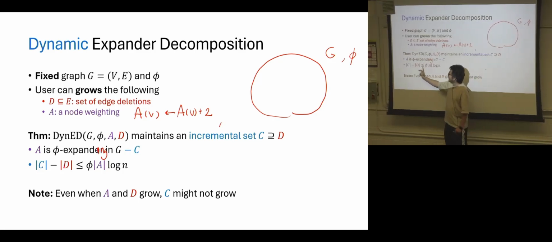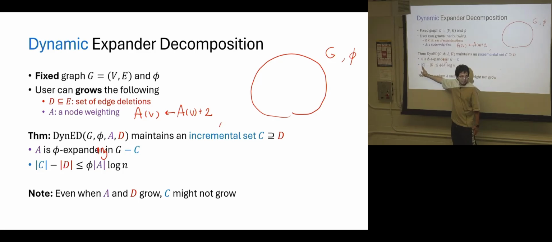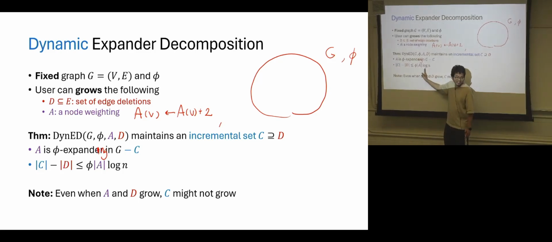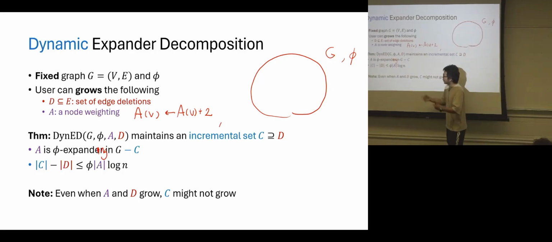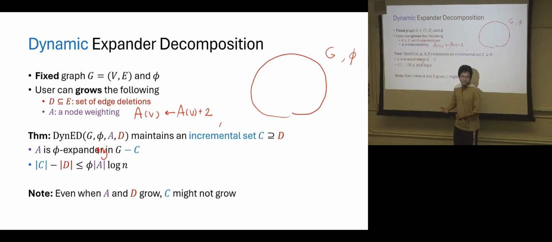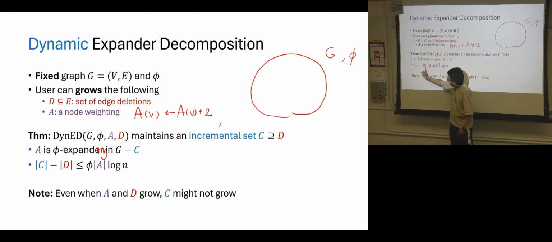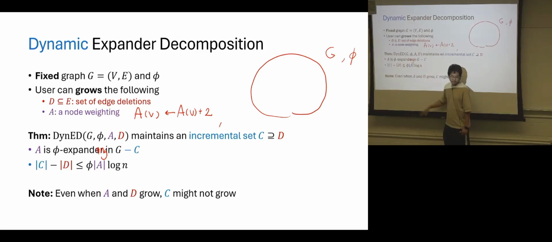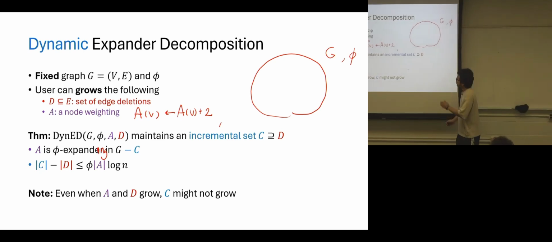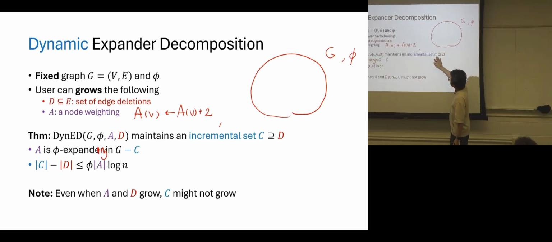But if D is so much bigger than this, then there is no way that C itself is smaller than this one, because C needs to contain D. But to be able to say something meaningful, we can still say that D might be big, but the thing that is in addition, that we delete more than D, is not too big. Okay, so we want to do this at all times.